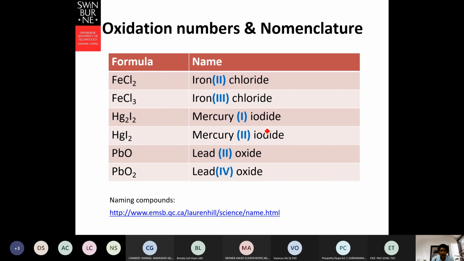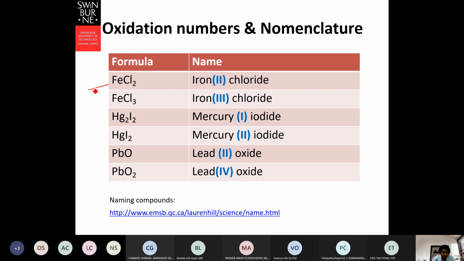Oxidation number and nomenclature. This oxidation number not only governs the color, it also gives us a fair understanding, or helps us to remember the name of the compound. A compound means when two or more elements are together in a molecule.